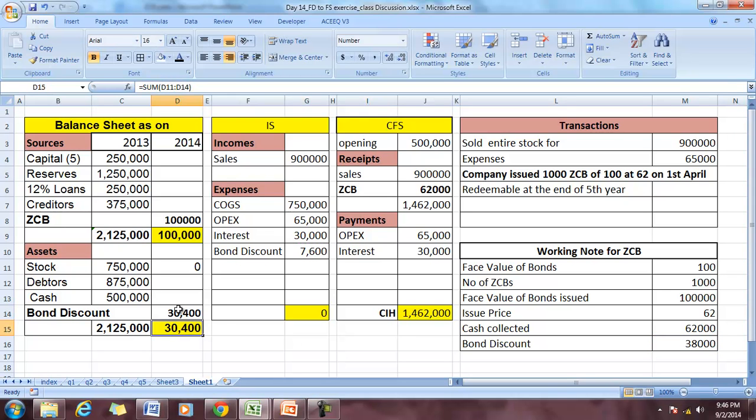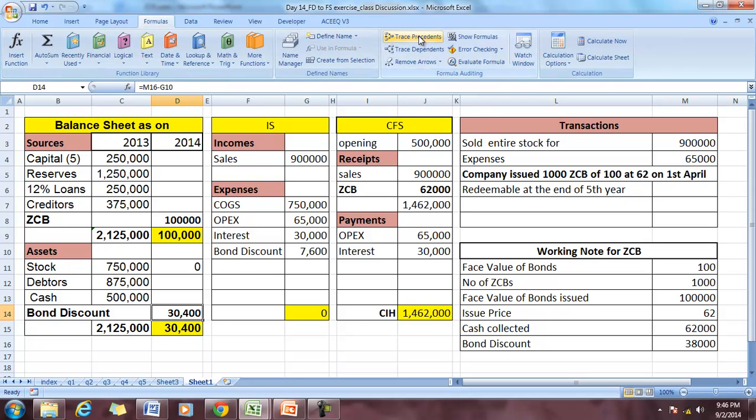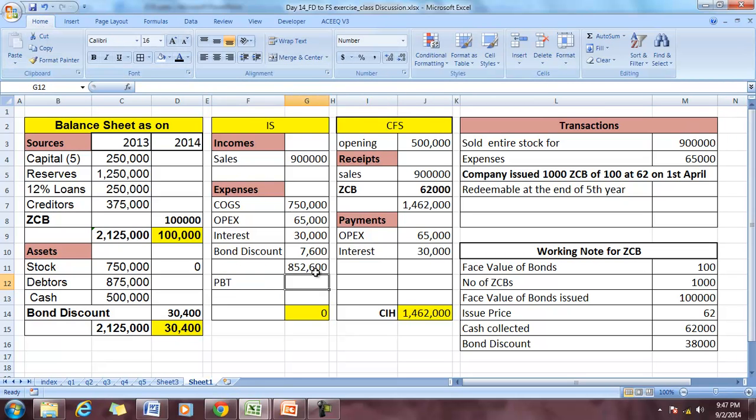So the bond discount was 38,000, reduced to the extent of 7,600. Let us sum this up. So we will get the PBT, which is income minus expenses, and tax is, as usual, calculated on the PBT at 30%, and let us assume that the tax has been paid.